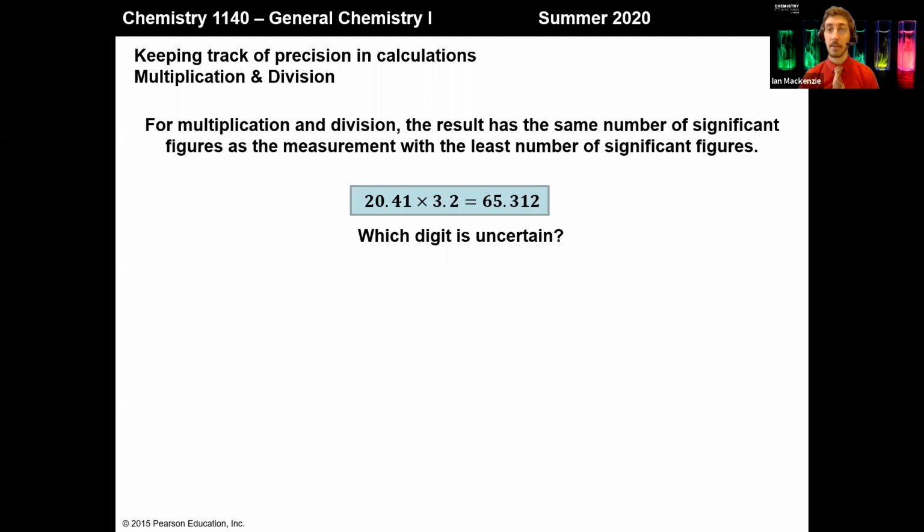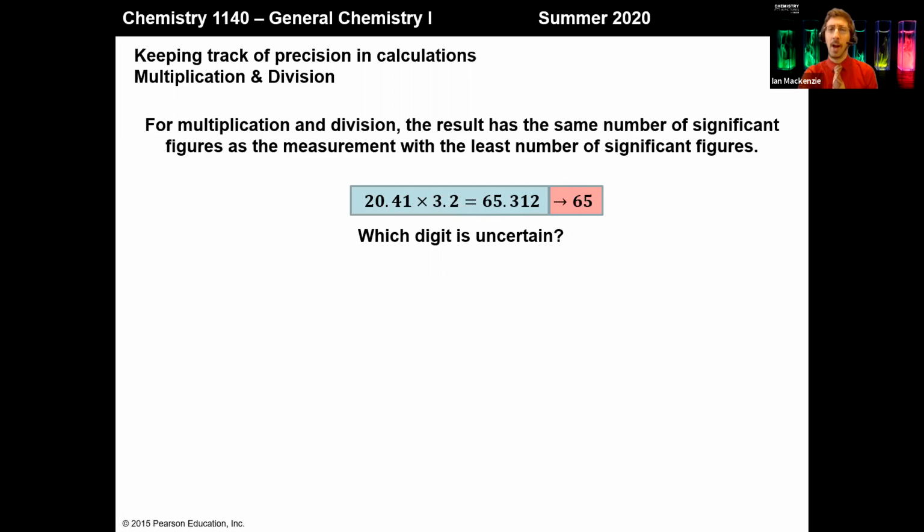This is different from addition and subtraction. So in this case, 3.2 has only 2 significant figures, whereas 20.41 has 4 significant figures. My final answer can only have 2. I have to round to 65.